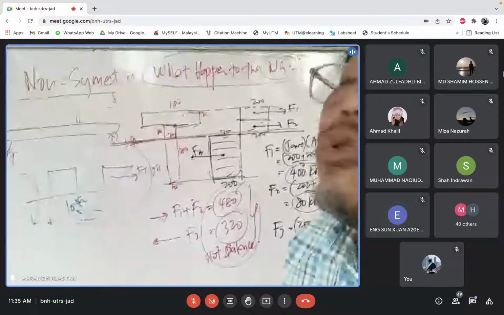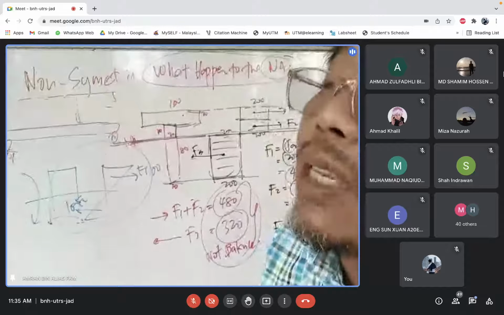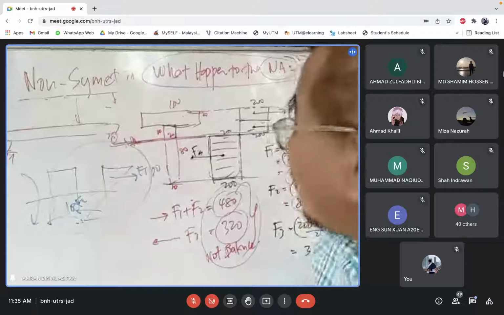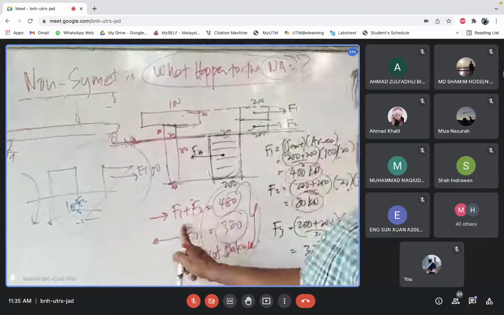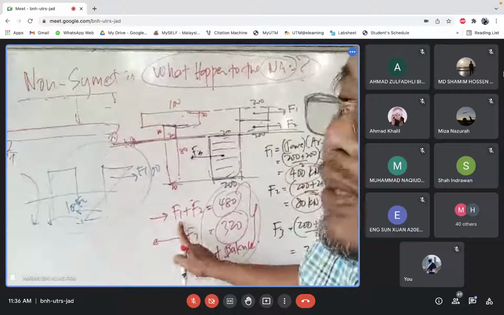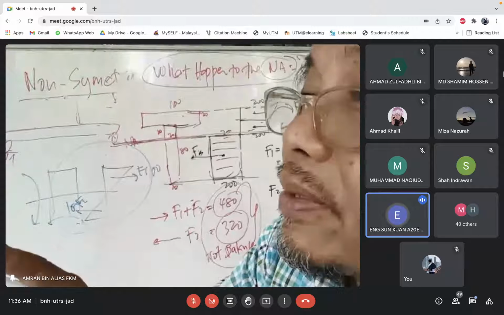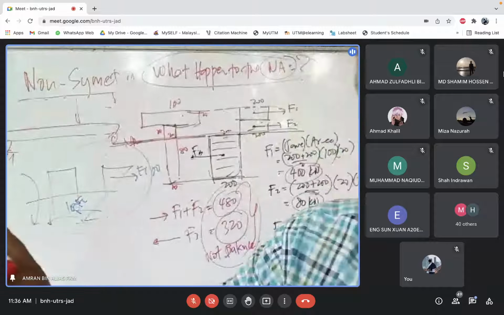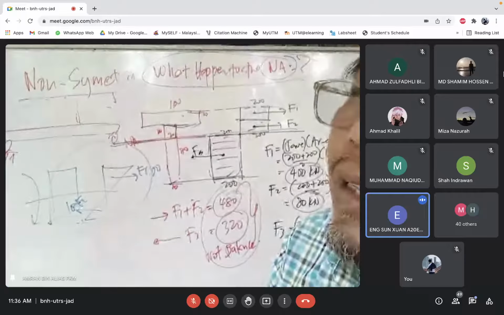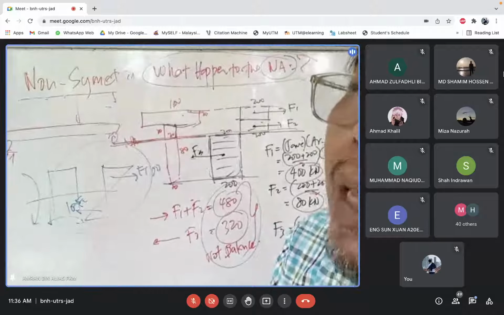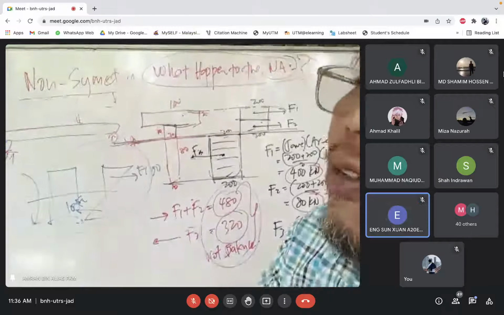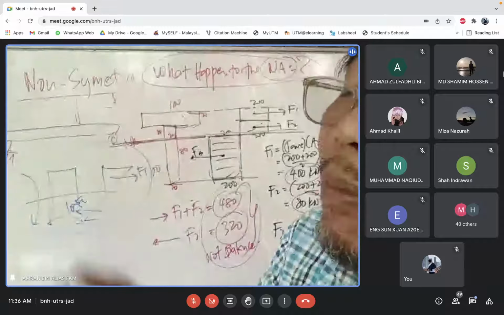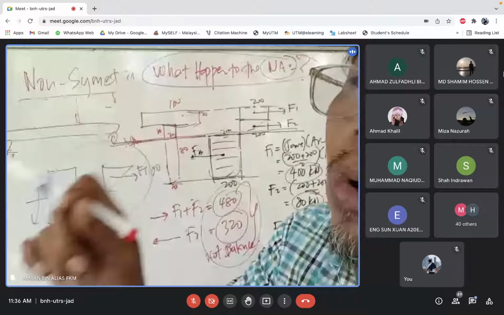So what do we use to find the position of the neutral axis? We use the fundamental: force balance, static. Force to the right must equal force to the left. Summation of force in X must equal 0.